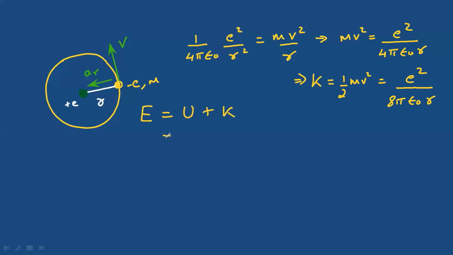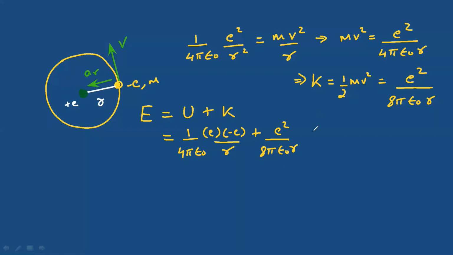Okay. So, what is the potential energy? It is going to be minus K, or I'll just write 1 over 4 pi epsilon naught into plus E into minus E by R. This is the electrostatic potential energy plus the kinetic energy. The kinetic energy is this, which is E squared by 8 pi epsilon naught R. All right.